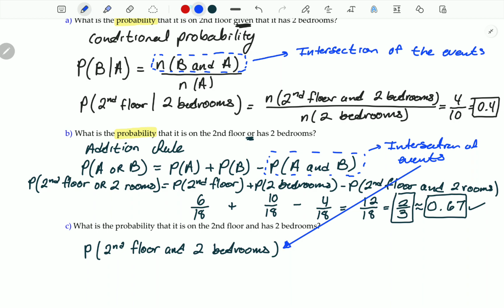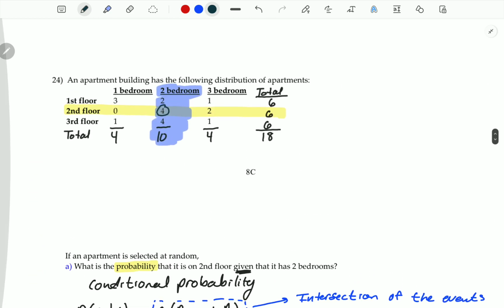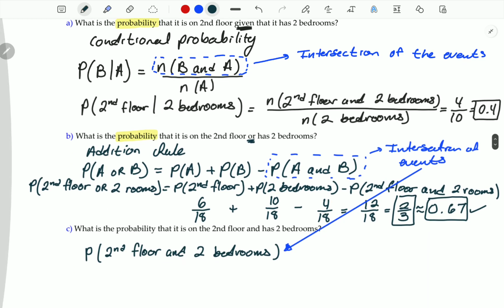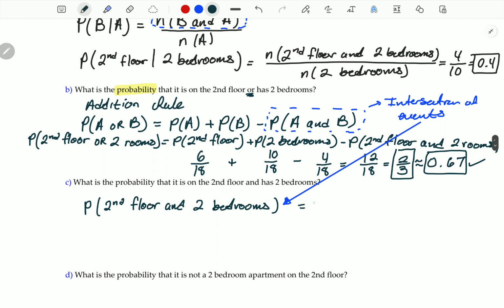And if we scroll back up to the top, the intersection between the second floor and the 2 bedrooms is 4. There are 4 apartments that have both second floor and 2 bedrooms out of 18. So that's 4 out of 18. This can be reduced to 2/9, and as a decimal, we get approximately 0.22.